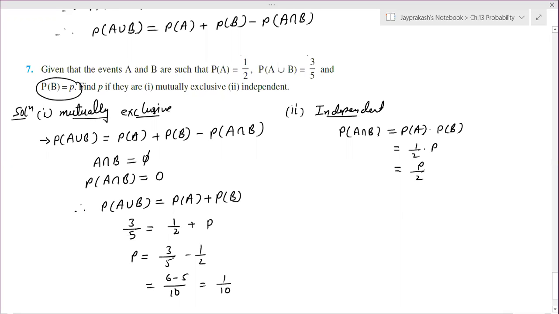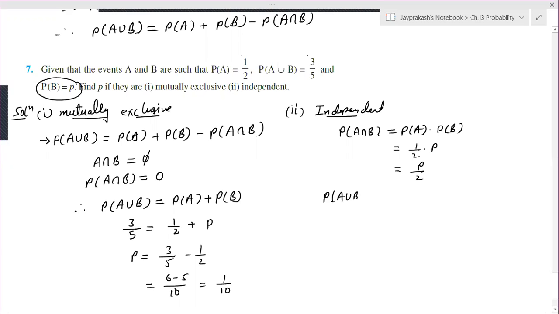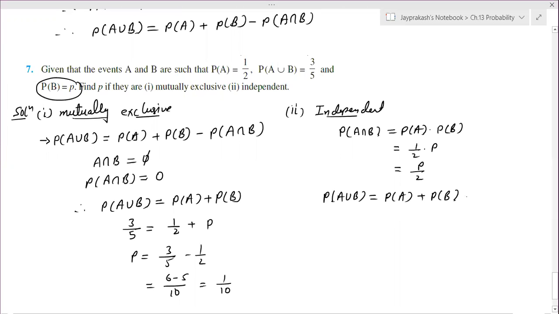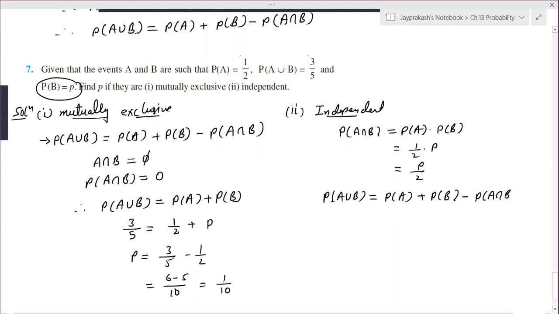Now we have to find the value, so again we will use the same formula to find the value of P. P of A union B is P of A plus P of B minus P of A intersection B. Now substitute all values.